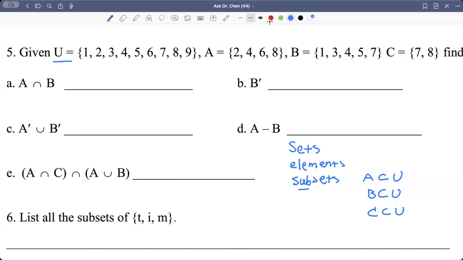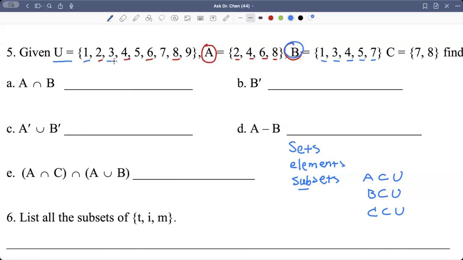Let's use red color for A. A contains 2, 4, 6, 8. So 2 is here, 4 is here, 6 here, 8 is here. So A is a subset of U. And then B, let's use blue color. B contains 1, 3, 4, 5, 7.